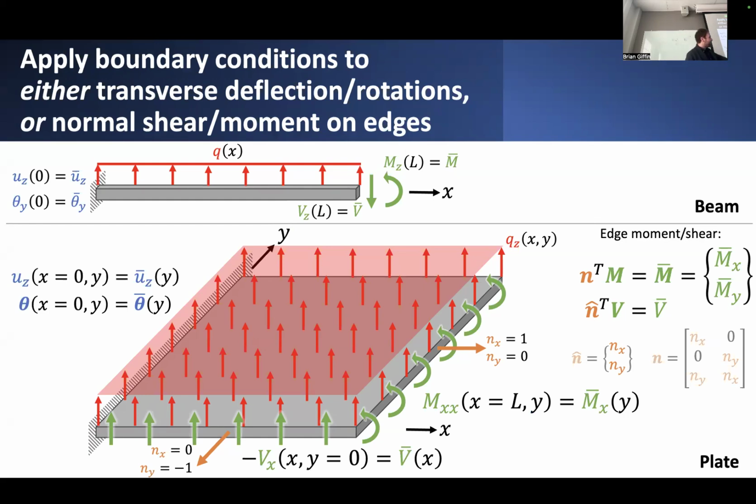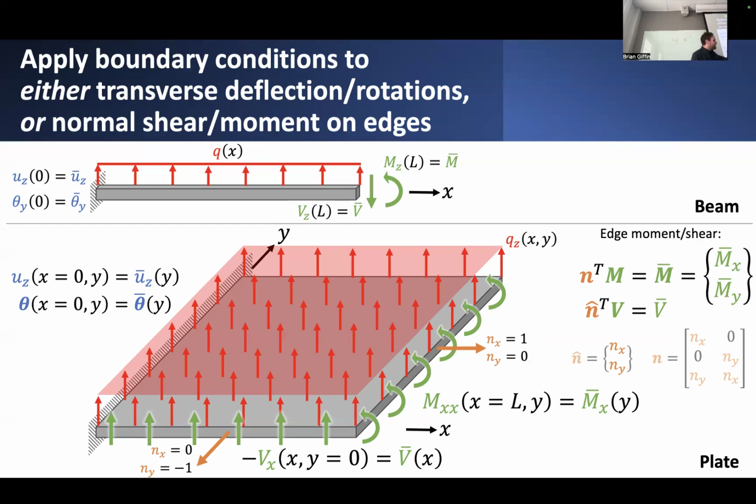In this case, we have to specify boundary conditions along the edges of the plate. So rather than considering this pressure load on the surface of the plate as a boundary condition, it really is treated more like a body force than anything else. And really, it's only on the edges of this plate where we have to be specific about, are we constraining transverse deflection?